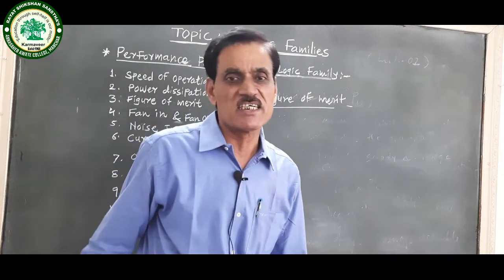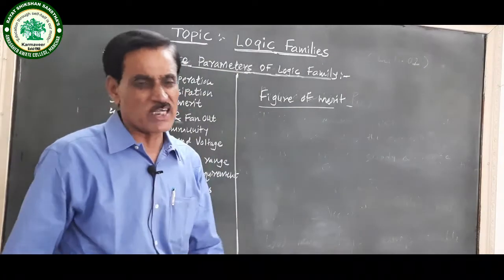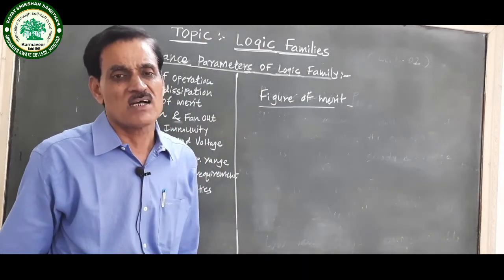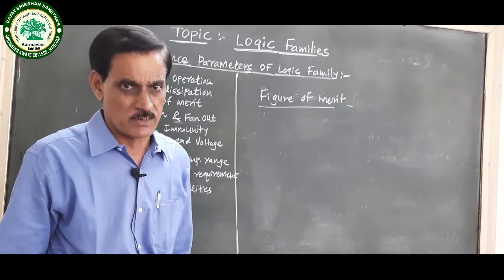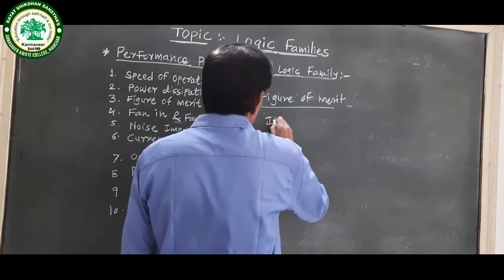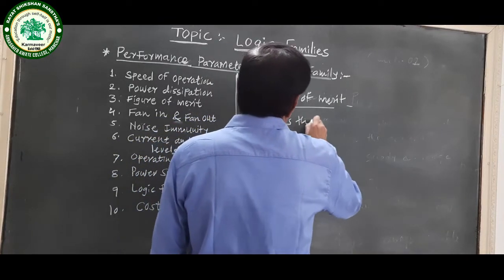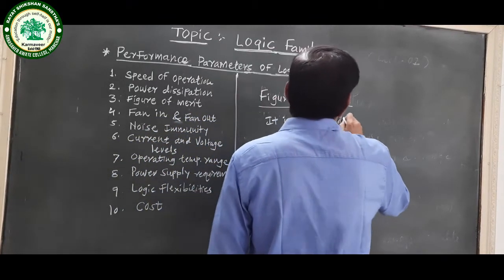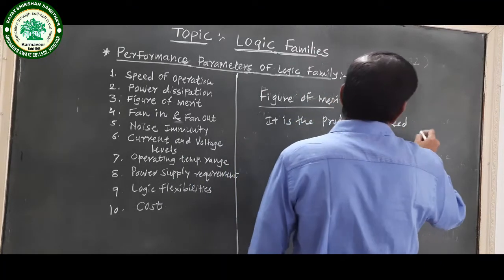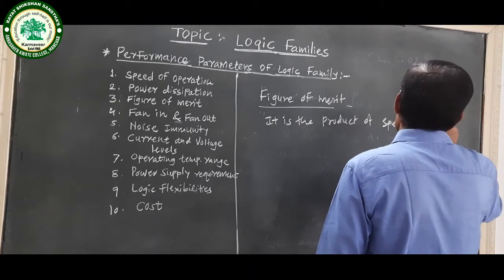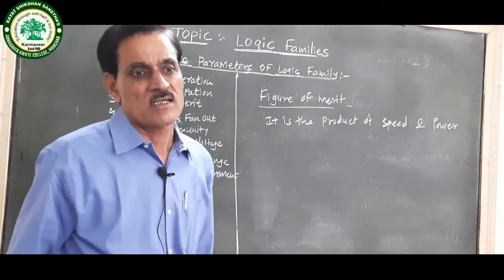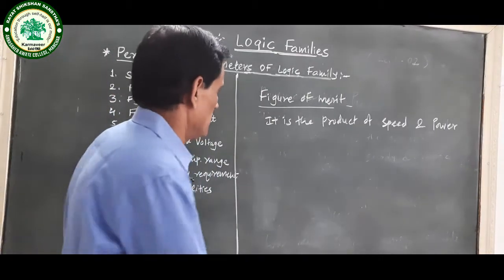The figure of merit of a logic gate or IC is the product of speed and power, also known as speed power product.